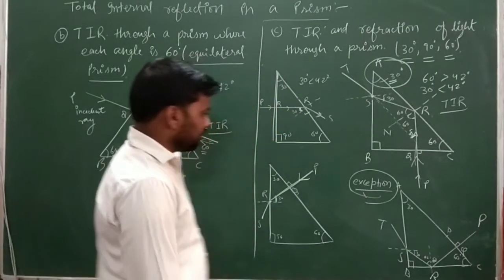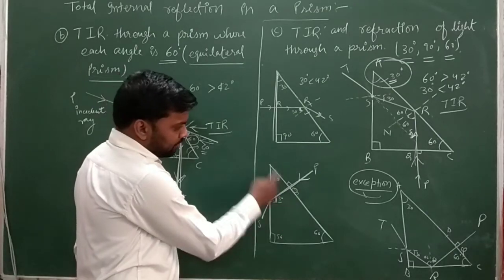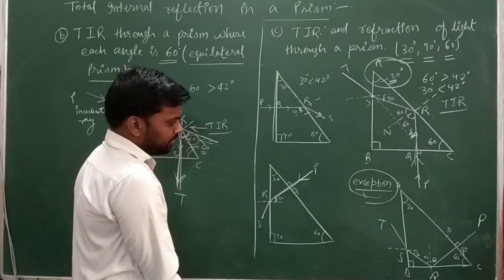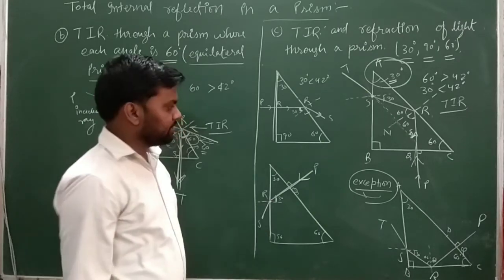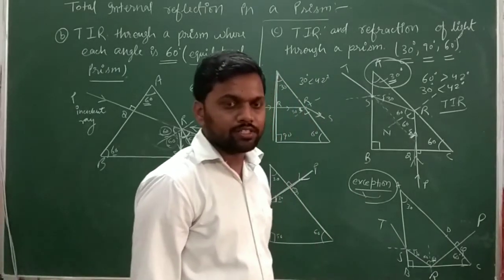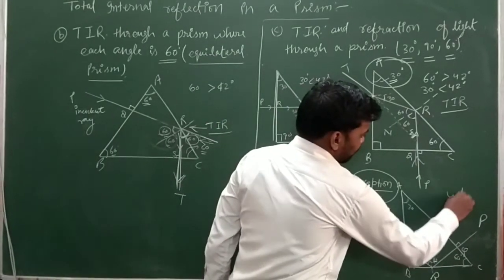Now the question is, if we are taking the light ray on this side, that is in the above part, it is not showing total internal reflection, but in this case it is showing total internal reflection. Now the question is why?